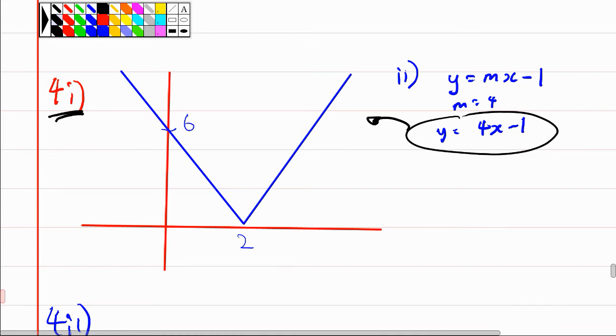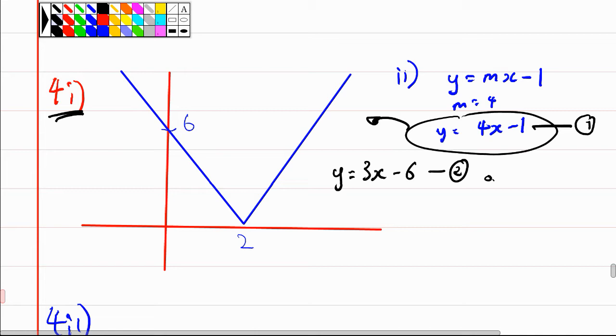Now, next one. They say find the x coordinate. So, do you know how to find? Sub in is correct. So, what you need to do is, this is equation 1. Where is equation 2? y equals 3x minus 6, equation 2.